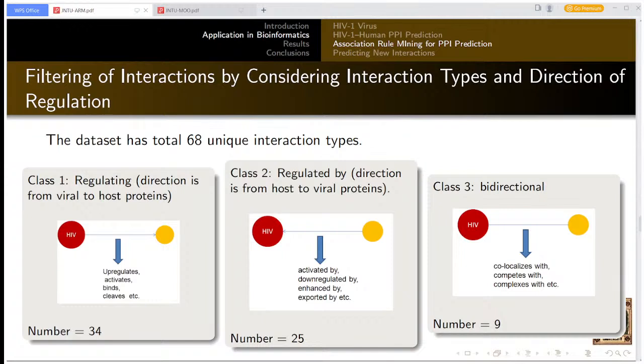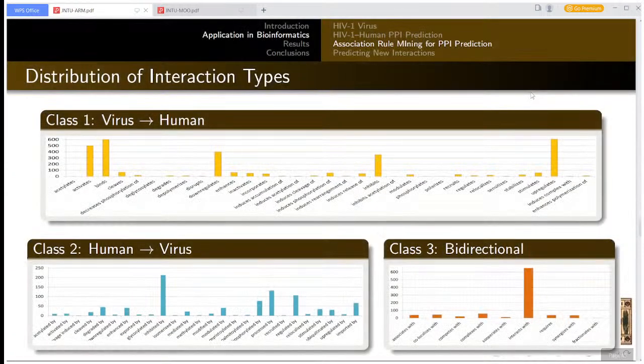These were the annotation terms corresponding to each interaction. And there are some non-directional interactions like co-localizes with, where we are not able to give any particular direction to the edge. Here is the distribution of these 3 types: class 1 interactions, virus to human; class 2, human to virus; and class 3, bidirectional interactions.